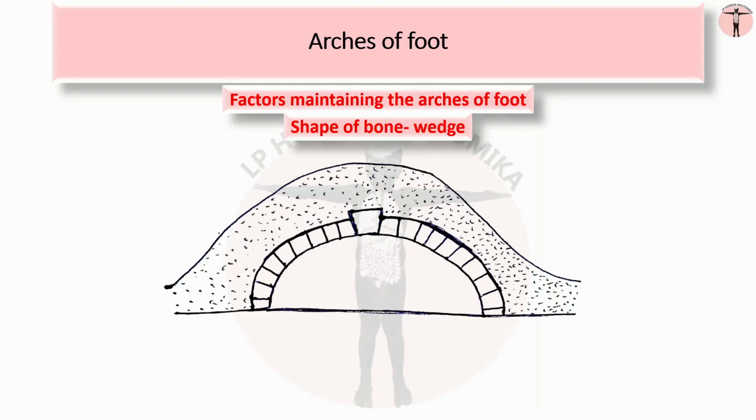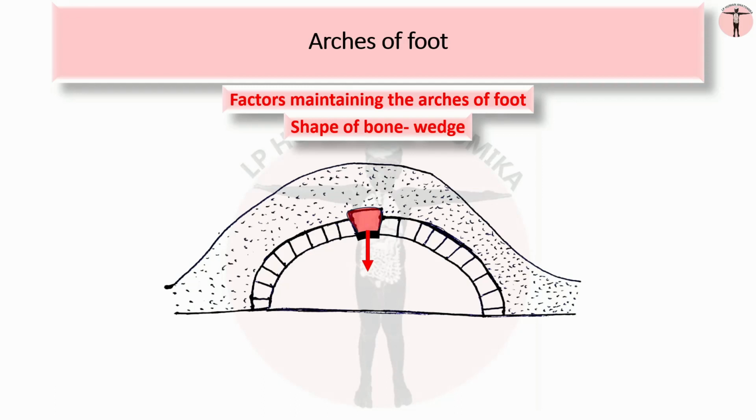The shape of the stones. The most effective way of supporting the bridge is the stone to be wedge-shaped with the thin edge of the wedge directed towards the inferior surface.